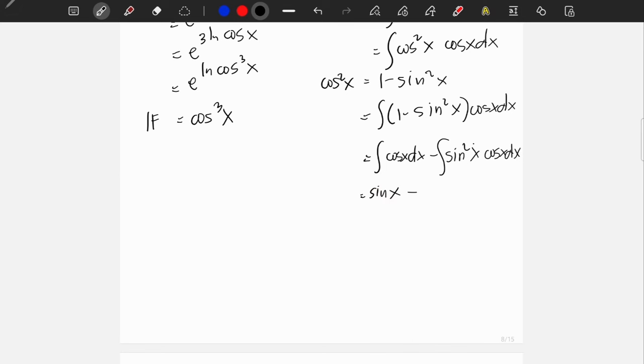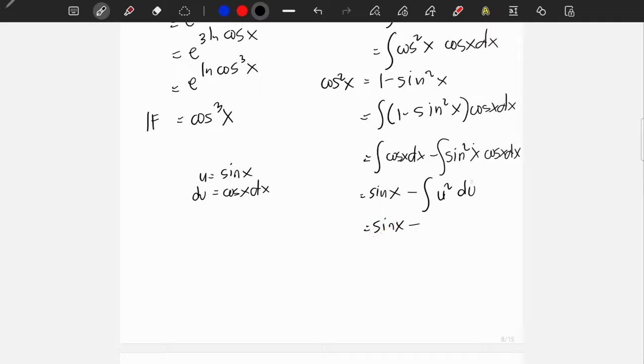For the integral of sine squared x cosine x, we will use the u substitution. We'll let sine x as u. And the derivative of u is du. The derivative of sine x is cosine x dx. So, the integral of sine squared x is now u squared, and cosine x dx is du.